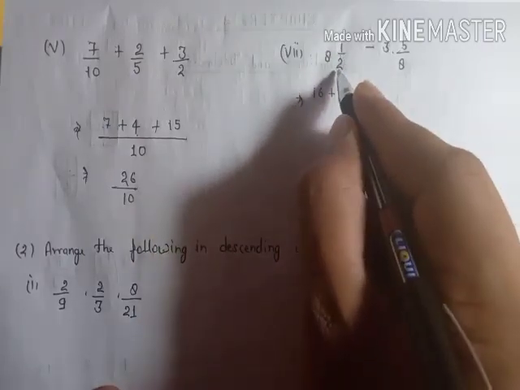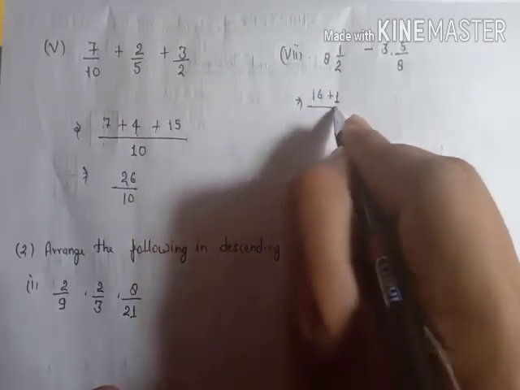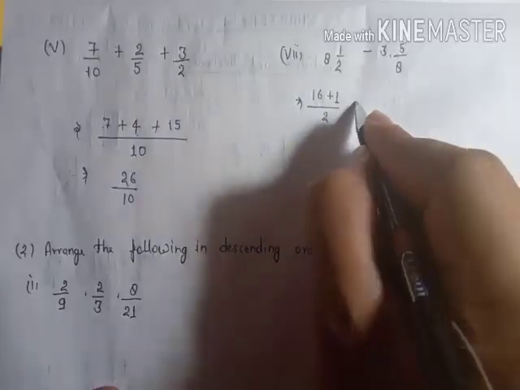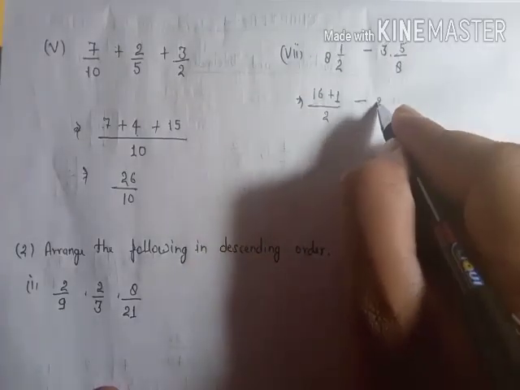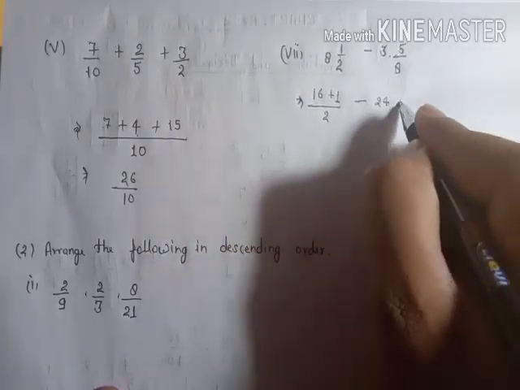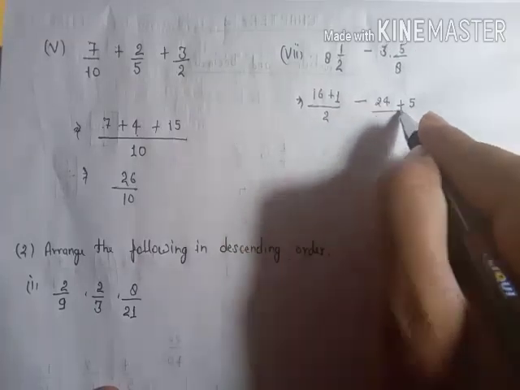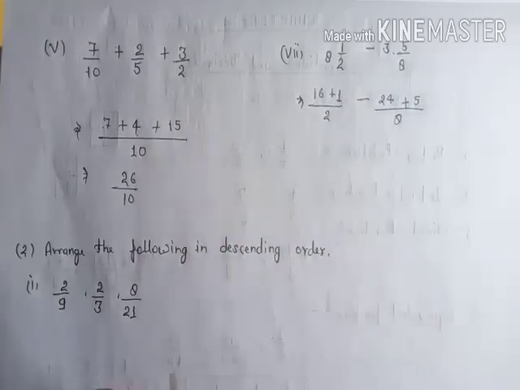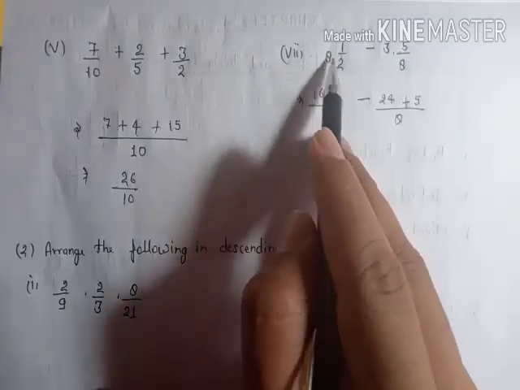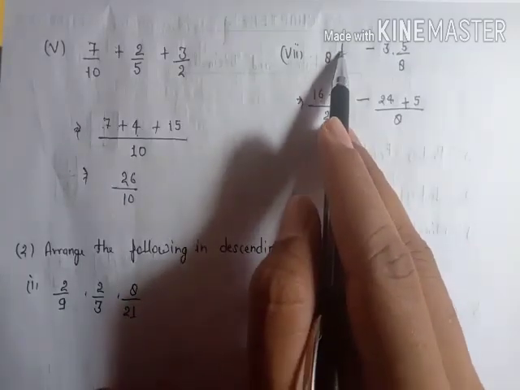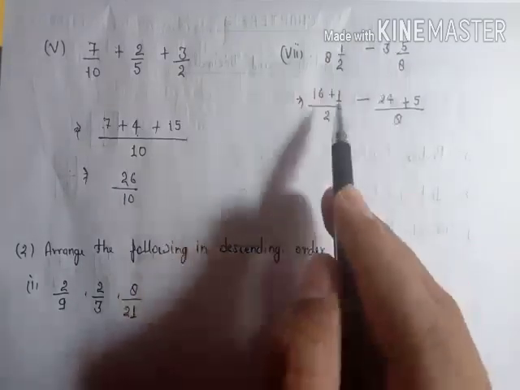So this can be written as 8 twos are 16, and this 1 is here, and upon 2, minus 8 threes are 24 plus this 5 upon 8. Simply you have to multiply these two numbers, write the result, and add the number which is written as the numerator of the fraction.